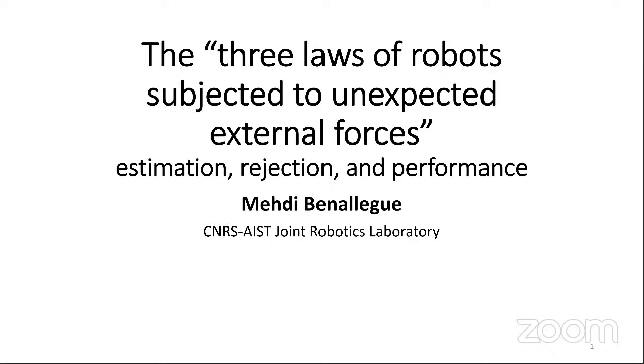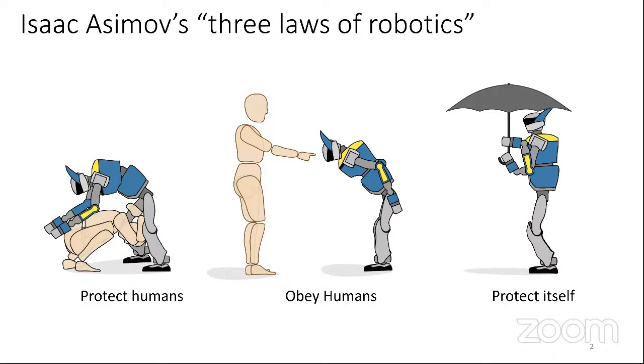It's a little bit of a provocative title, because it refers to the 3 laws of robotics that are really famous from science fiction. The laws are to protect humans, to obey humans subject to the previous law, and to protect itself subject to the 2 previous laws.